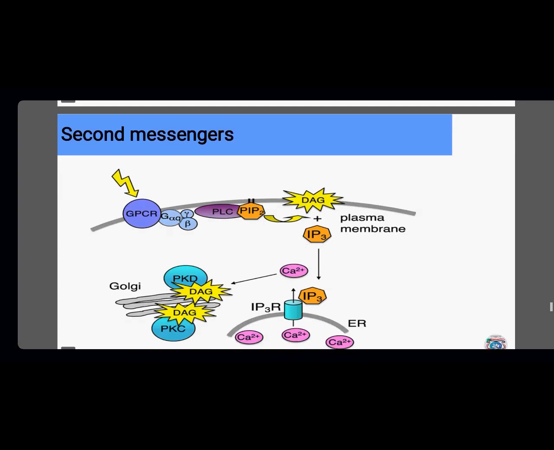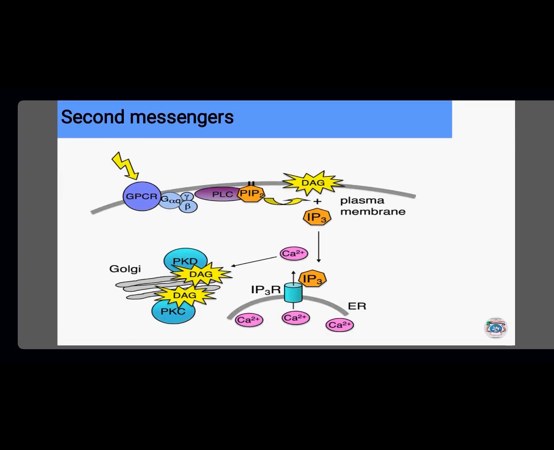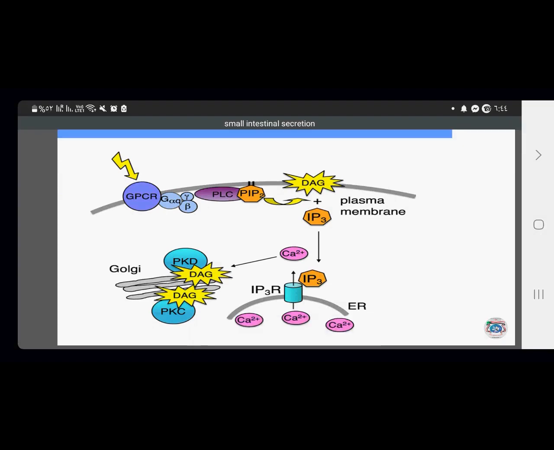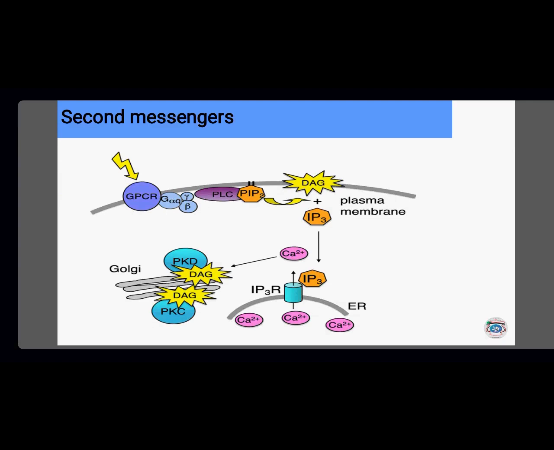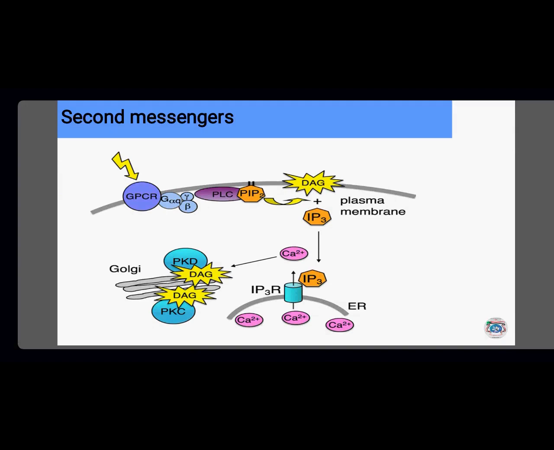Here, this slide shows the second messenger calcium. As you know, from the diacylglycerol in the plasma membrane, in the presence of IP3, inositol triphosphate binds its receptor in the endoplasmic reticulum. As you know, the endoplasmic reticulum is considered the main source of intracellular calcium.